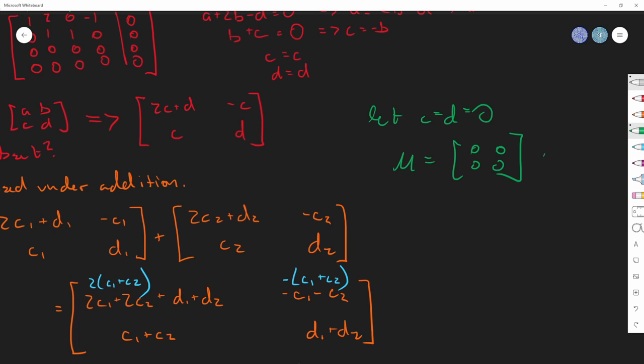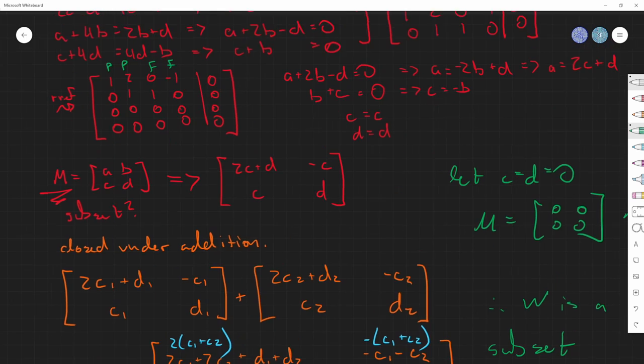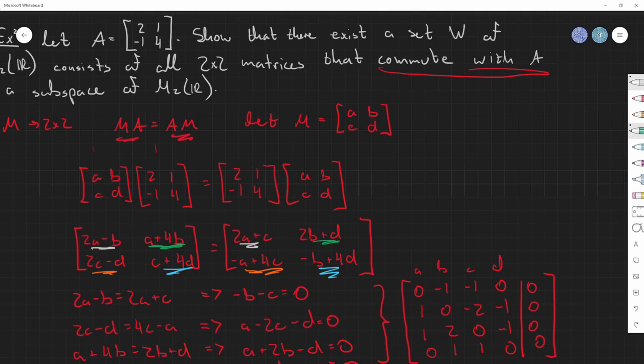So yes, the zero element is in the matrix. So we can say that this is a subspace. Therefore W is a subspace. And that's pretty much it.